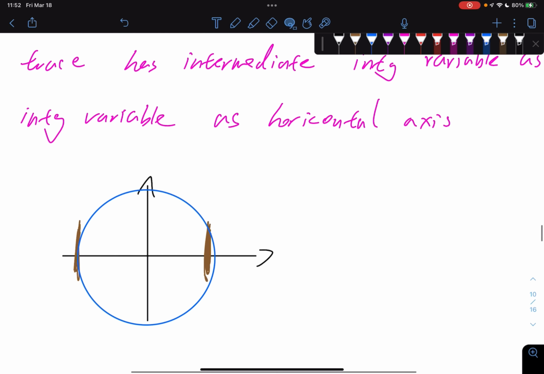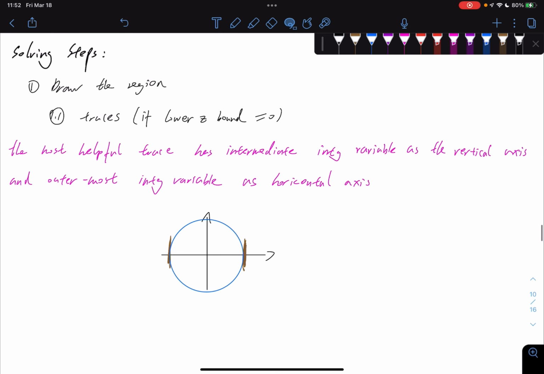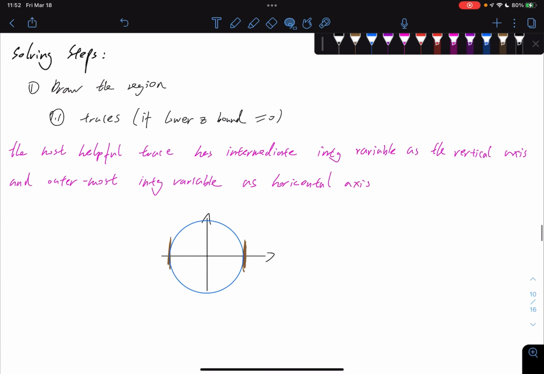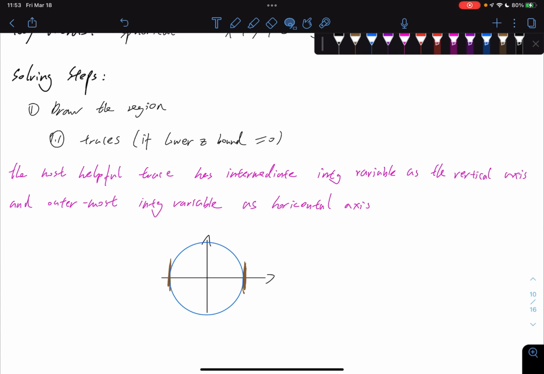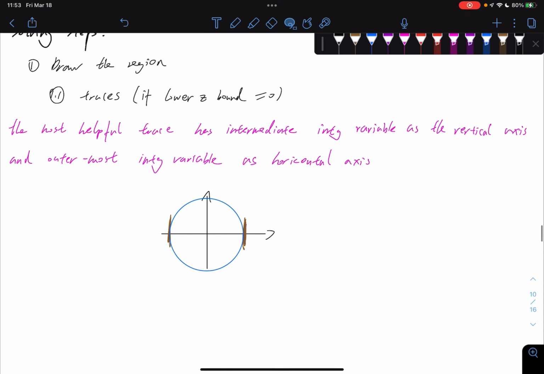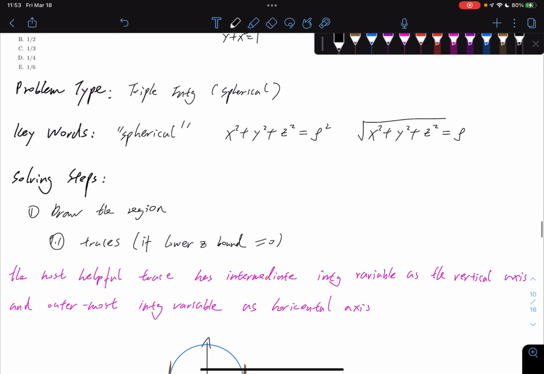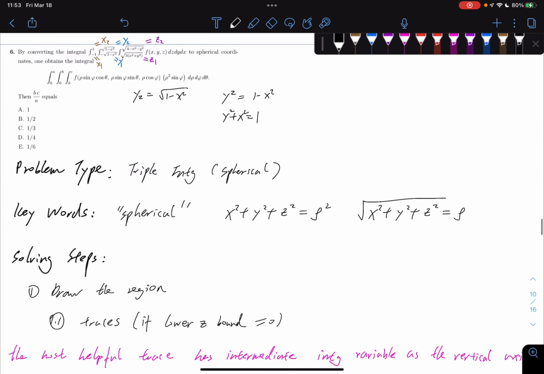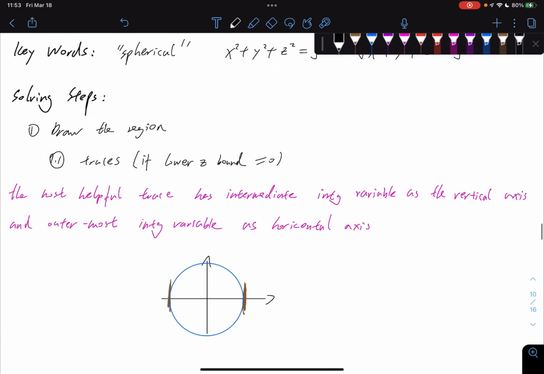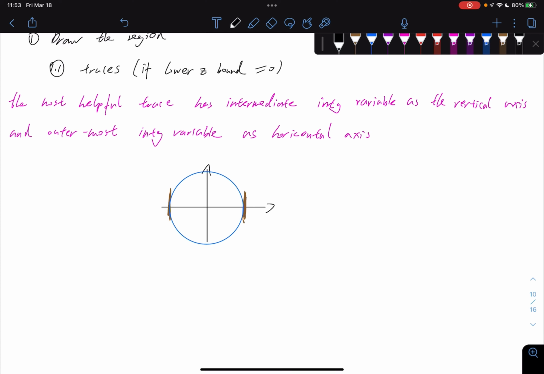Let me be more precise right here. Move this vertical bound over. So from this diagram we can see that the theta bounds are 0 to 2 pi, right?